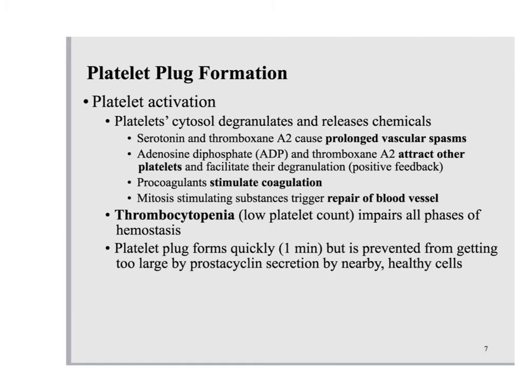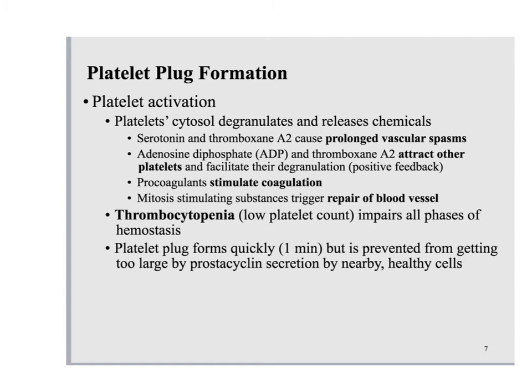Okay? That underlines the importance that platelets are a link between vascular spasms and coagulation. You need the platelets. If you don't have the platelets, then the coagulation isn't necessarily going to happen, or it's going to be impaired quite a bit.